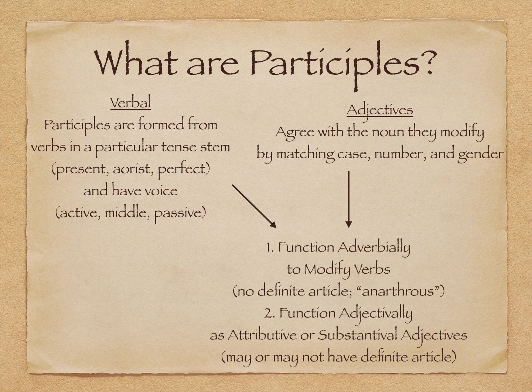Or two, they function adjectivally as attributive or substantival adjectives, in which case they may or may not have a definite article. So, verbal adjectives built on a verb, with adjectival endings according to the noun master case ending chart, first, second, and third declension. We'll talk about that in a few moments. They modify verbs or function adjectivally, modifying nouns.